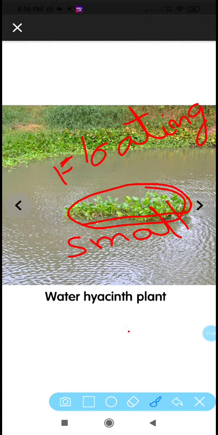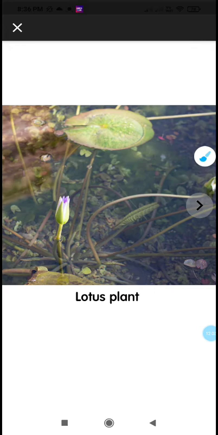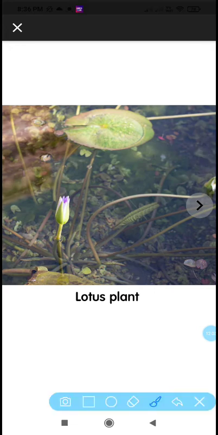Their leaves are very broad and flat. In fixed plants, one more adaptation this lotus plant shows is that its leaves are very broad, like terrestrial plants.